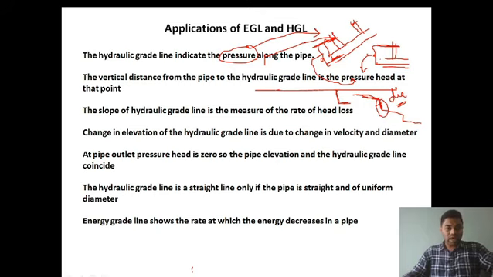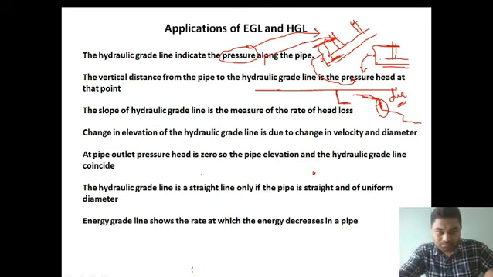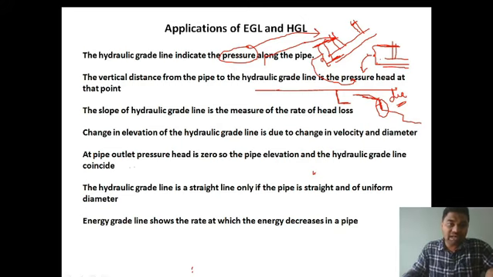And one more thing, at the pipe outlet the pressure head is 0, so the pipe elevation and the hydraulic grade line coincide. In the second scenario, when the water was transported from reservoir A and left freely to the atmosphere, the pressure was 0.